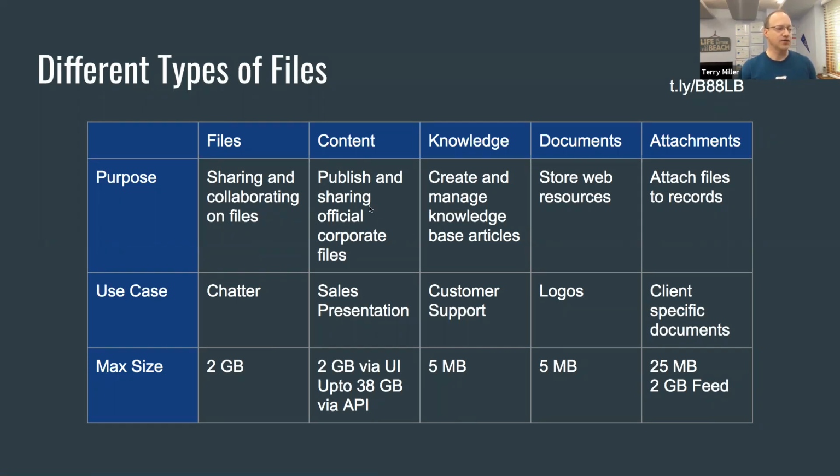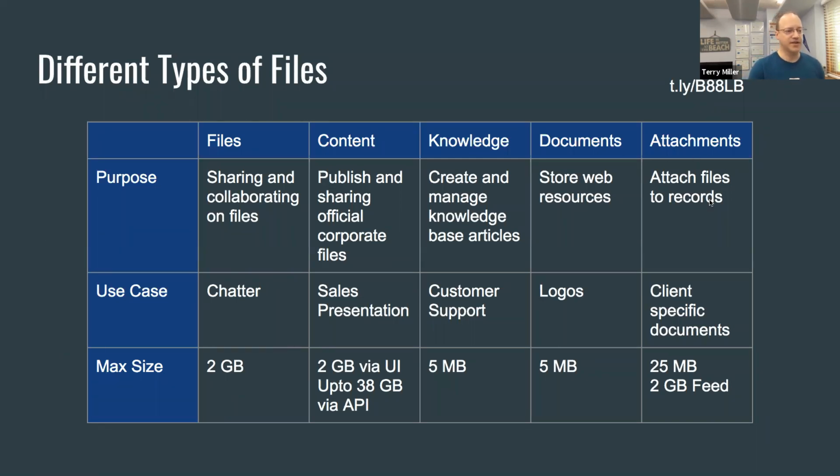And I can also control who my contributors are for content. Knowledge would be things like a knowledge base, so think of your help desk or customer service documents. And then documents is to store web resources, things like your logos that are available.